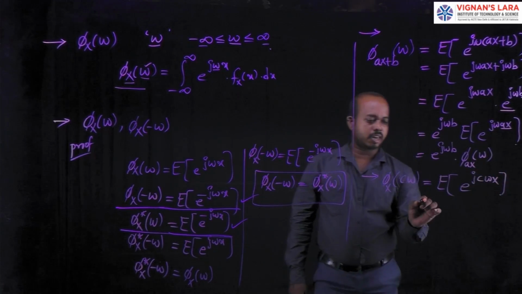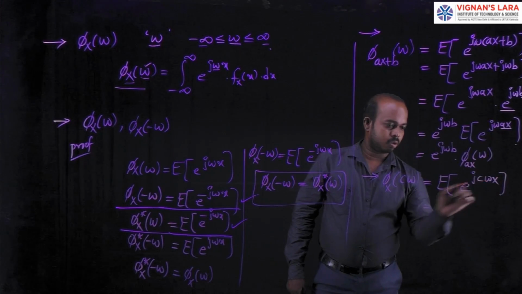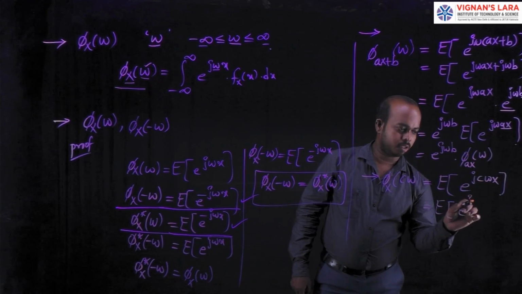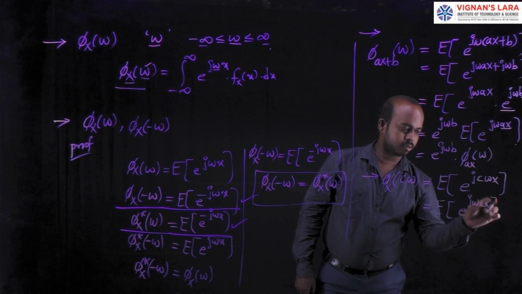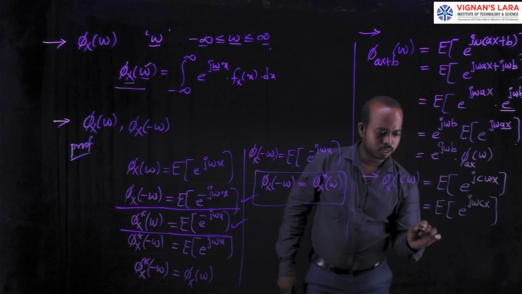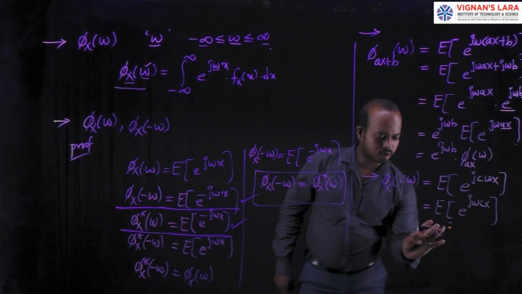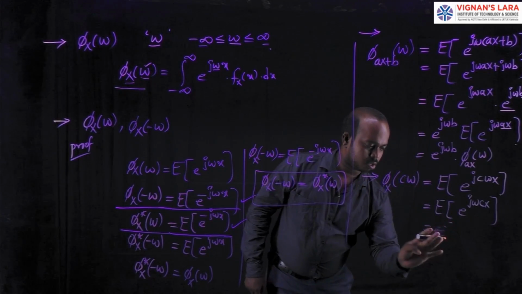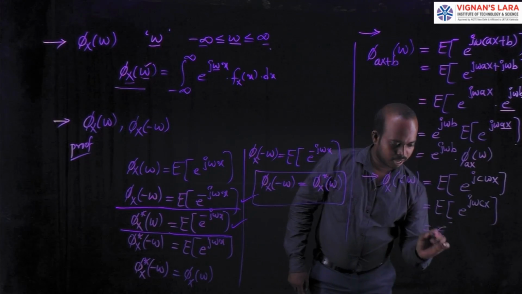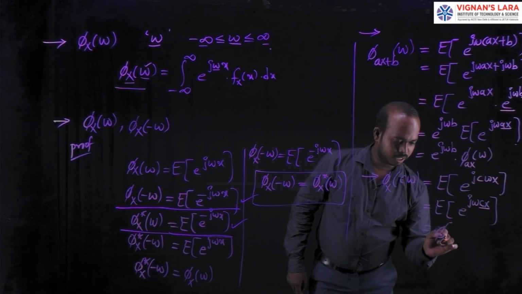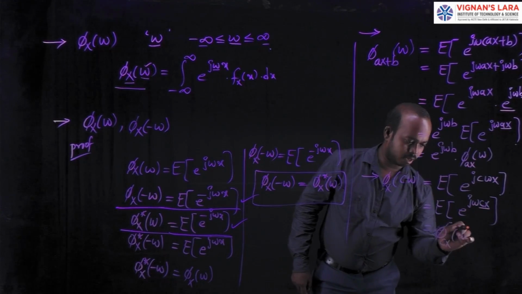This quantity you can write as expectation of e power j omega cx. Next, you need not repeat this expectation; you can just represent it with the characteristic function φcx of omega.